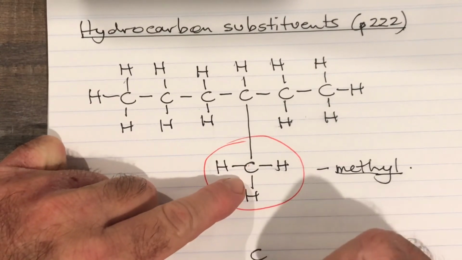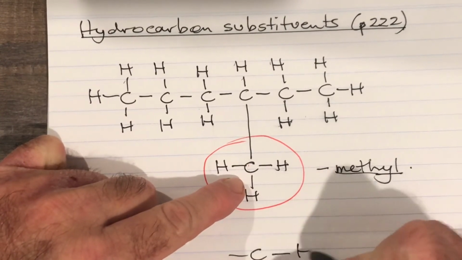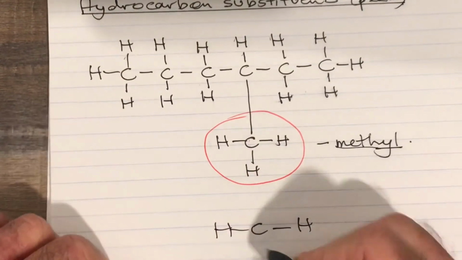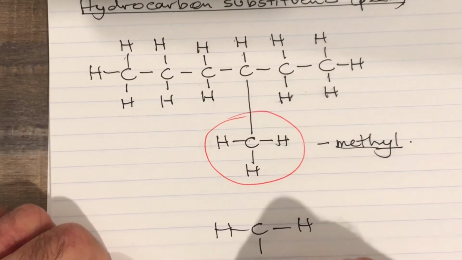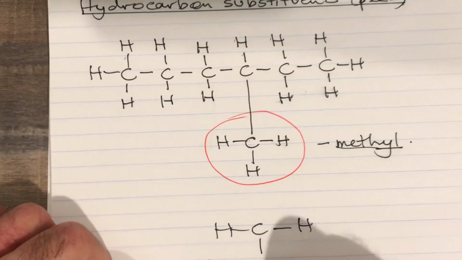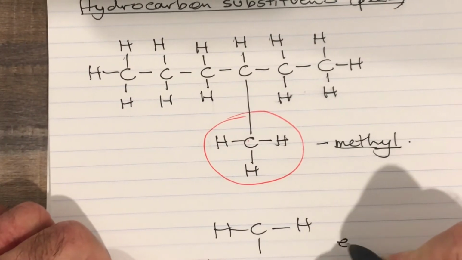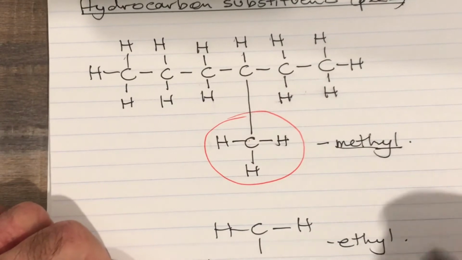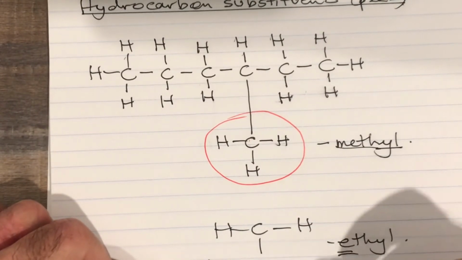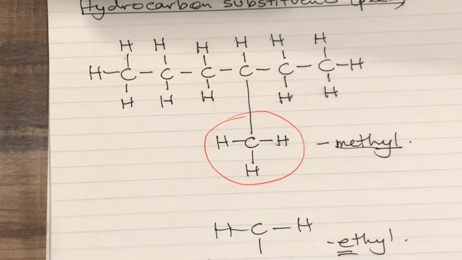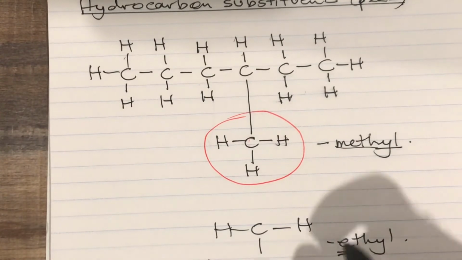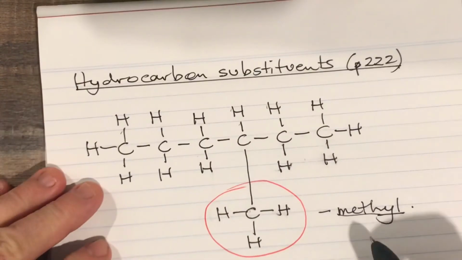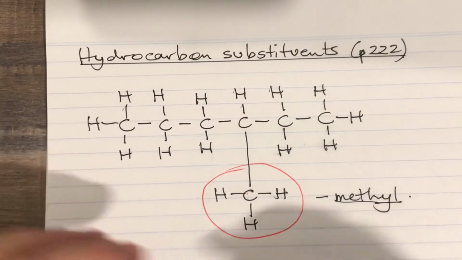If the side branch has 2 carbons, it's ethyl. Propyl for the next one, and butyl, but it doesn't usually go beyond that. So here we go, back to this one.